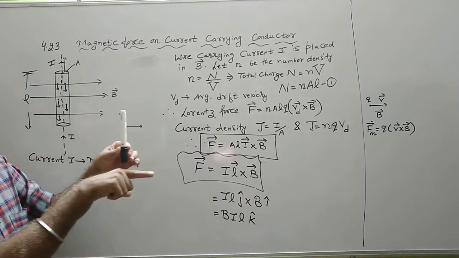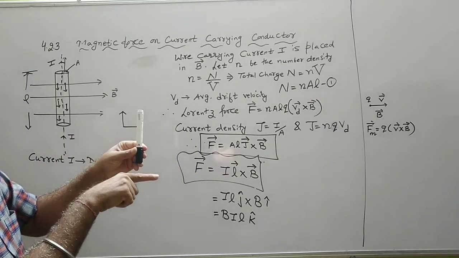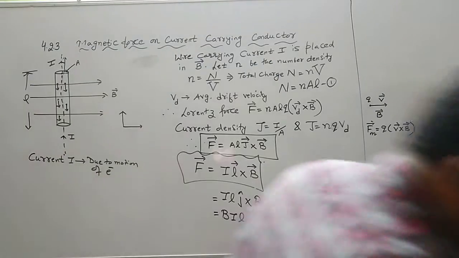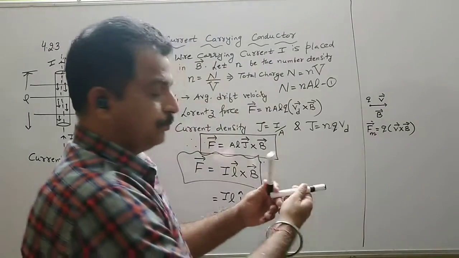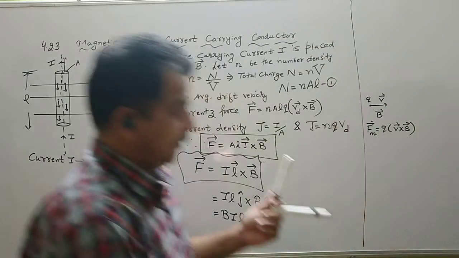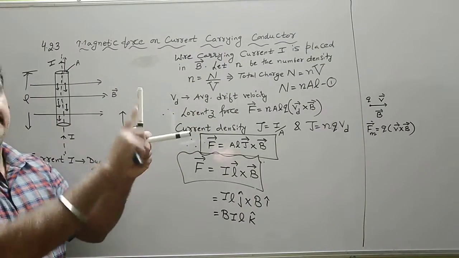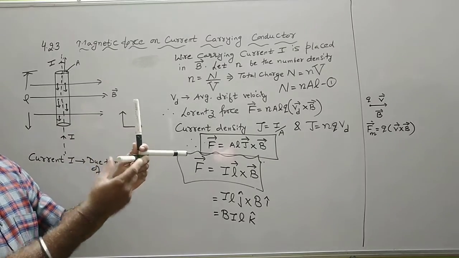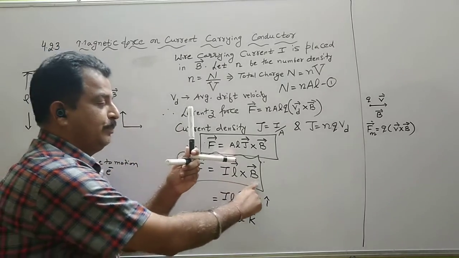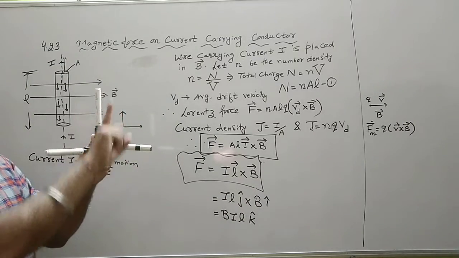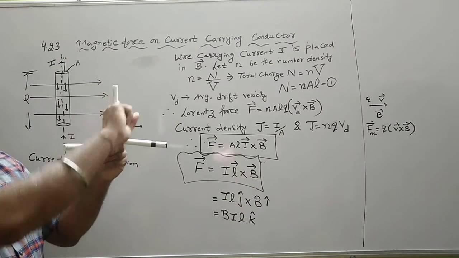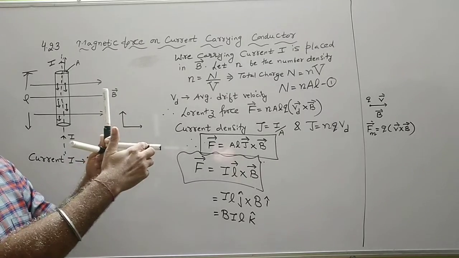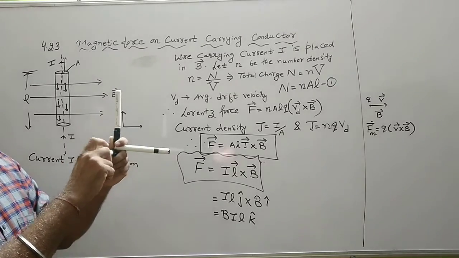So you apply the right hand screw rule. If I keep a screw at this point, let us take this as I, this is B. I keep a screw perpendicular to this. I have to do L cross B. So L direction will be taken in the direction of the current. So L cross B, you have to move like this.